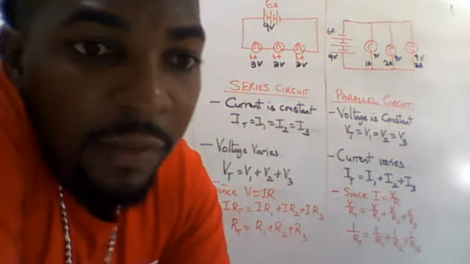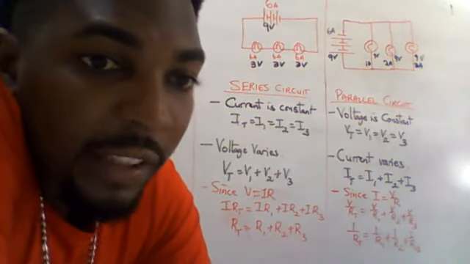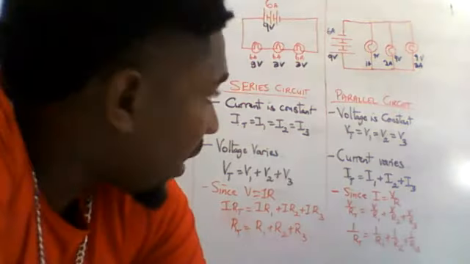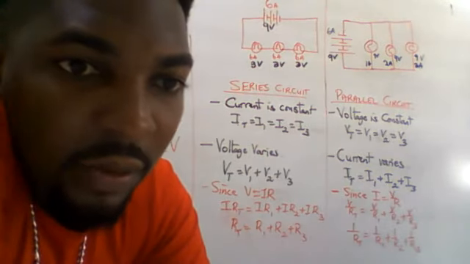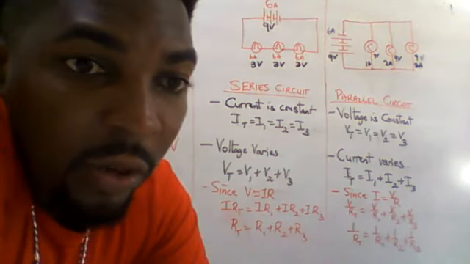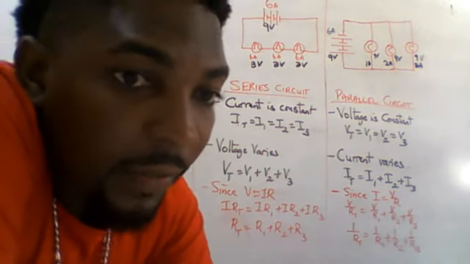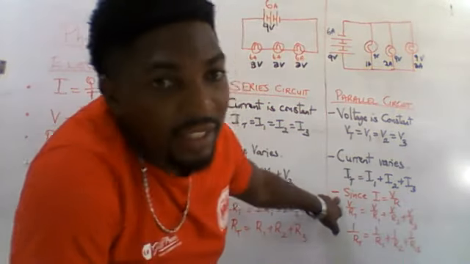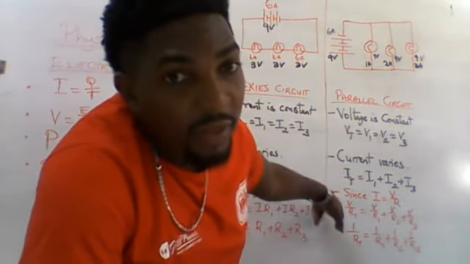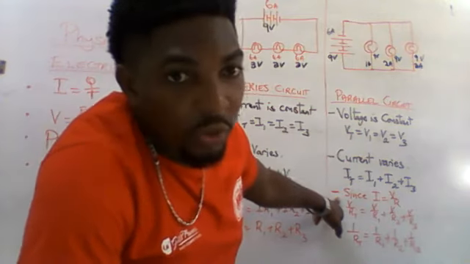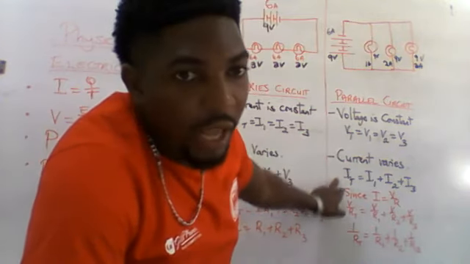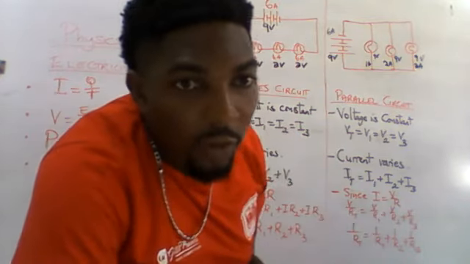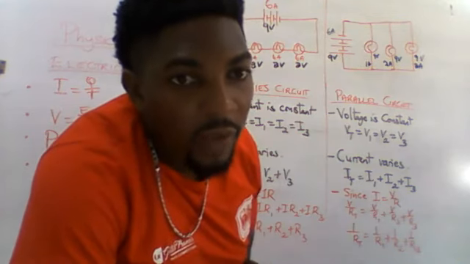And now in the case of the parallel circuit, we want to find out what the total resistance is. Same thing. Given that the current varies, we can rearrange Ohm's law to find the formula for finding current. And we see that current is equal to V over R. So since I is equal to V over R, we can substitute that into this equation and we get that V over R total is equal to V over R1 plus V over R2 plus V over R3.